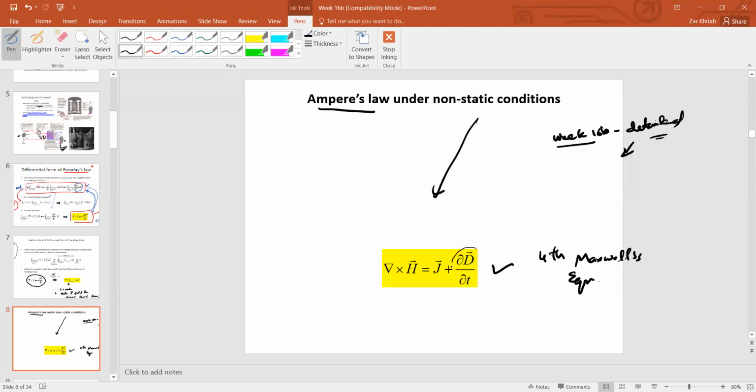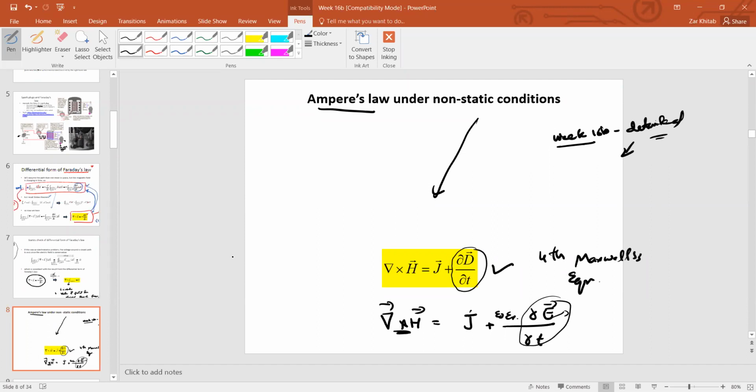It means if the electric field varies, curl of H is equal to partial epsilon not epsilon R E divided by partial T. I can knock out these constants outside, plus another thing J. So if the electric field is time varying, it's going to give you the curl of the magnetic field.